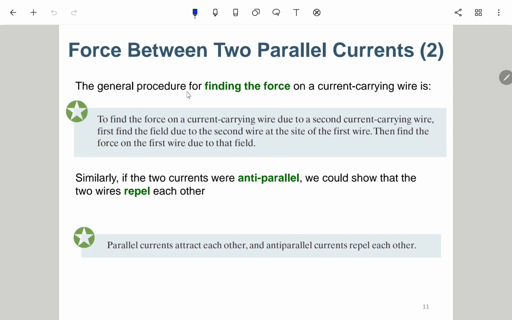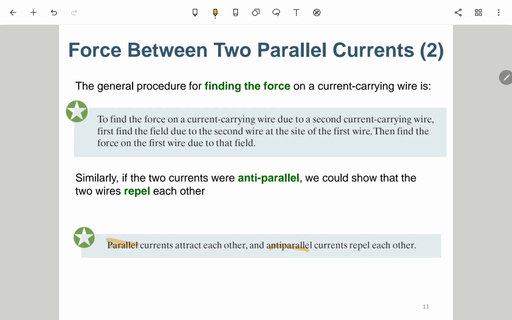Here the general procedure for finding the force on a current wire due to a second current wire is to first find the field, which is just what we have done. Similarly, the textbook calls currents parallel or anti-parallel. Parallel means the wires are parallel to each other and the currents are pointing in the same direction.